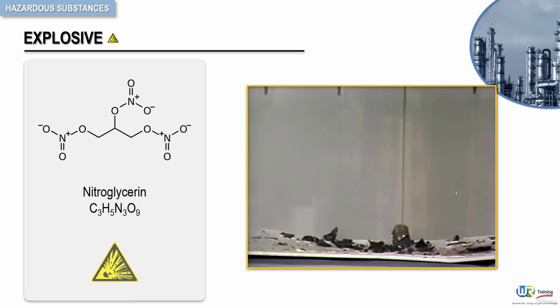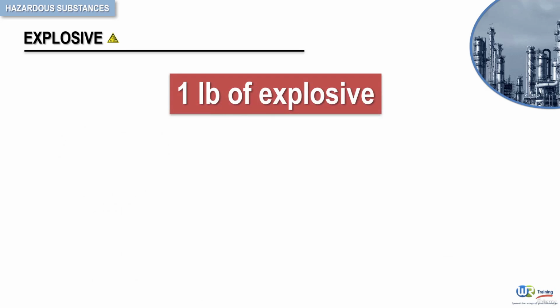As a direct result of such a detonation, a high-pressure shock wave radiates outwards in all directions. It is this shock wave, with its accompanying overpressure, that causes much of the damage. Here is, for illustration purposes, the destructive overpressure of 1 pound of an explosive compound. 10 feet from the explosion, the overpressure would be 5 pounds per square inch.